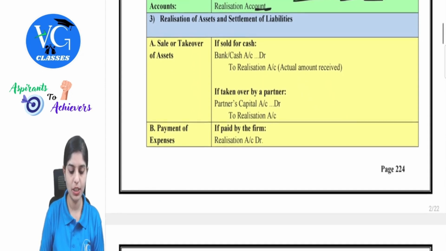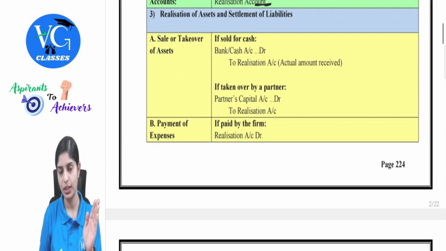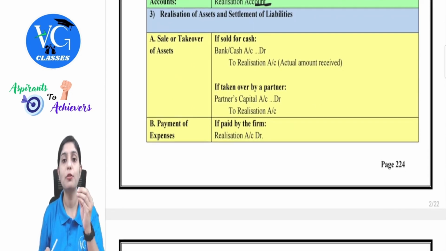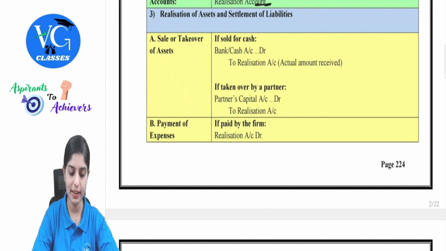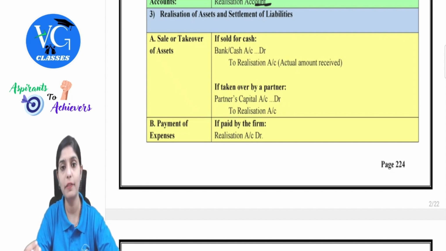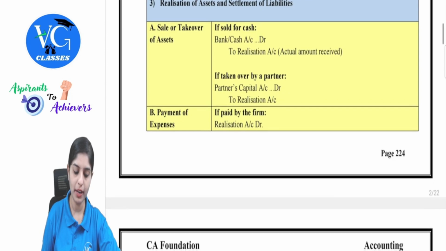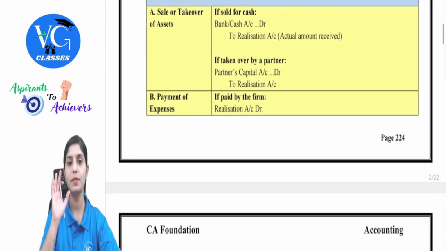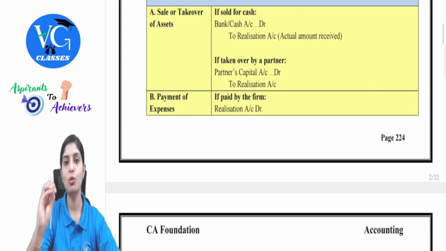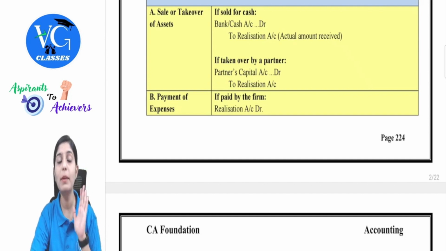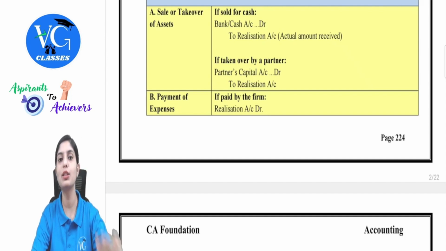Now, what we did was we first cleared the balance sheet. The next step is to sell the assets and realize money, which will be used to pay off the outside liabilities. So, realization of assets and settlement of liabilities. Sale or takeover of assets. This is the activity of sale. If the asset is sold for cash, what is the normal entry we were passing when the asset is sold?